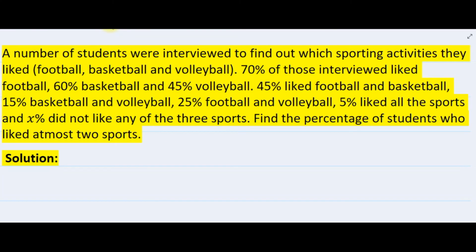So we are given a number of students who were interviewed to find out which sporting activity they like. We have 3 sporting activities: football, basketball, and volleyball. They say 70% of those interviewed liked football, and 60% basketball. We are asked to find the percentage of students.